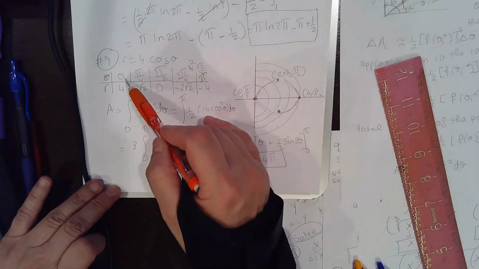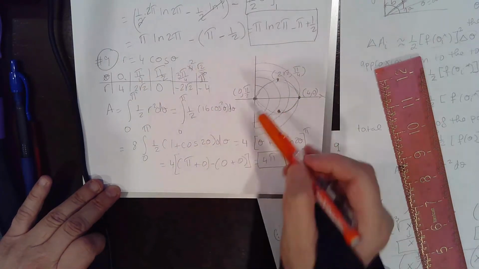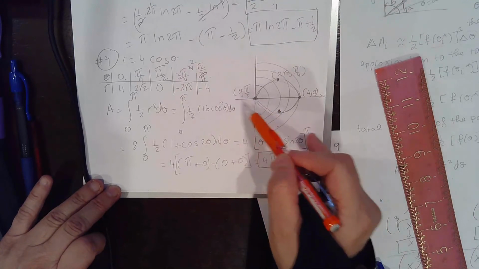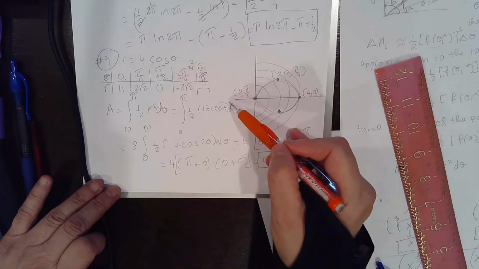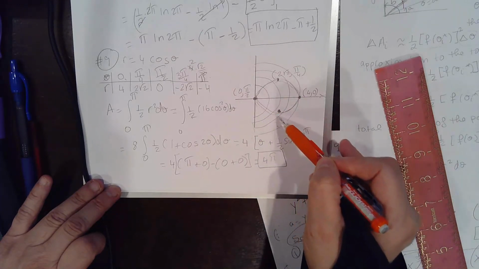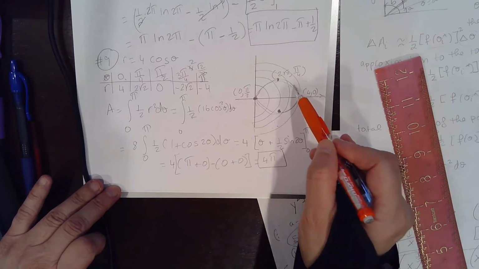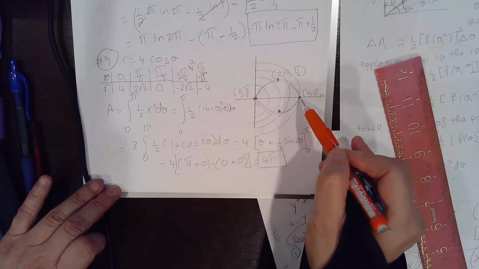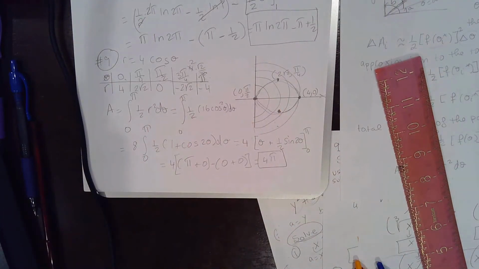From 0, we went to pi over 4, pi over 2, 3 pi over 4, and then pi. So that's from 0 to pi. So this is number 9.